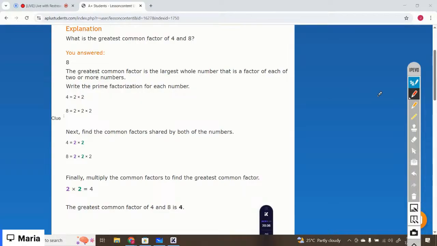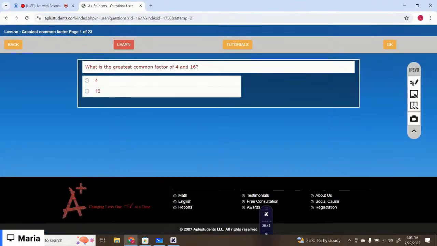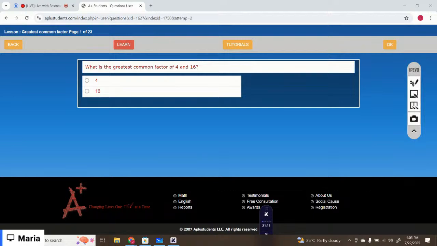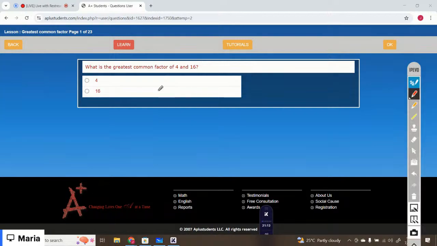Let's just start with the test questions. What is the greatest common factor of 4 and 16? So let's just write down the prime factors of 4 and the prime factors of 16.